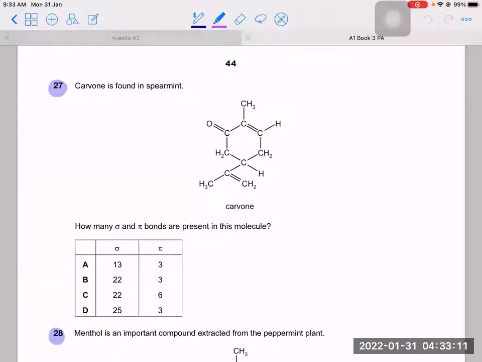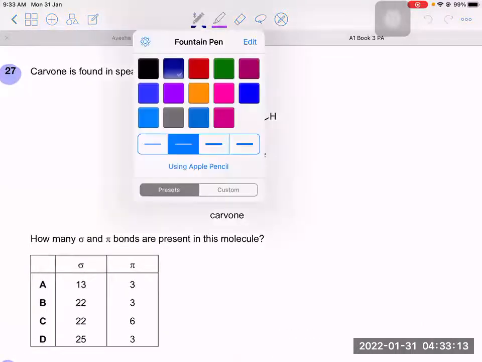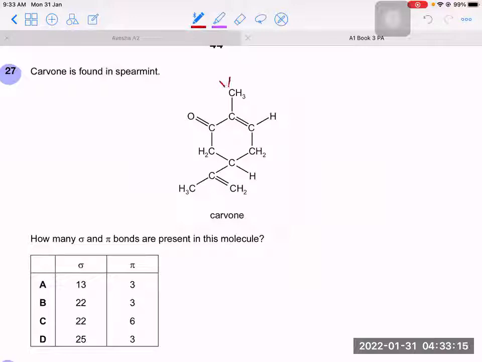How many sigma and pi bonds are present? So let me again make the bonds for you. So it's a CH3. Then you have a CH2. Then you have a CH3. Then you have a CH2. Then you have a CH2 here. Yes?